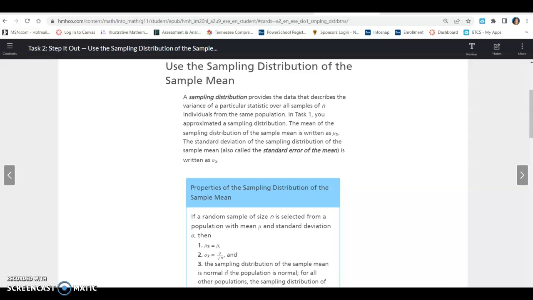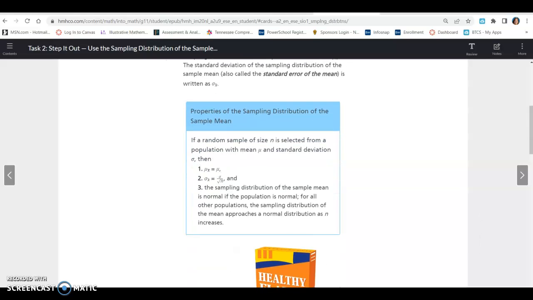The mean of the sampling distribution of the sample mean is written as, you can see this is the mean of all your x's, and the standard deviation of the sampling distribution of the sample mean, also called the standard error of the mean, is written as, and this is the symbol for standard deviation of all your x's.